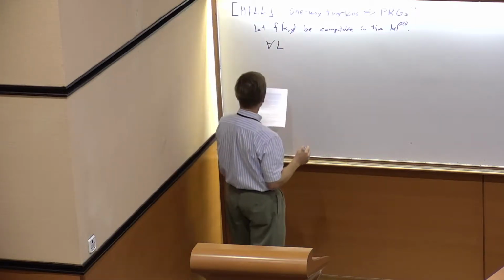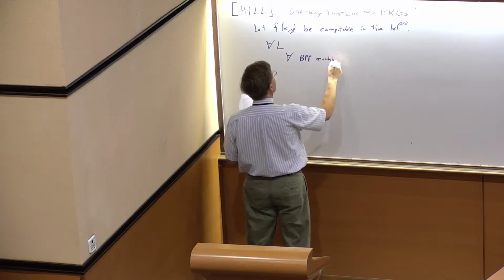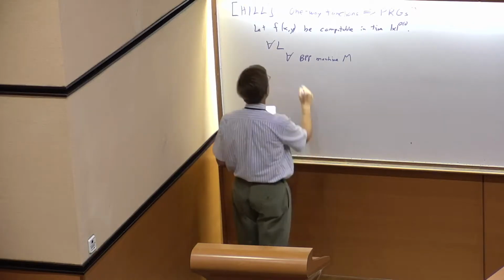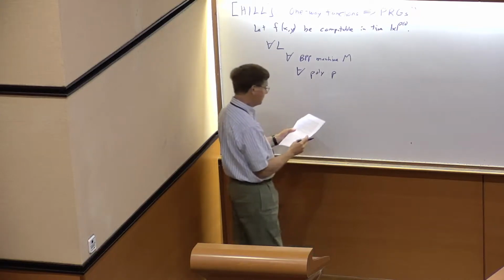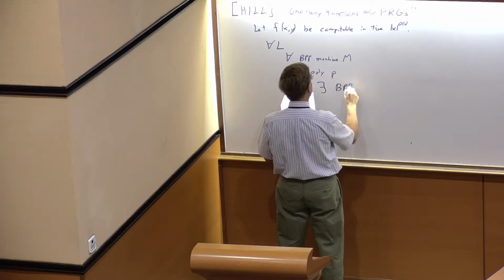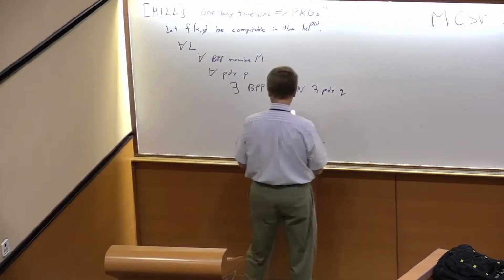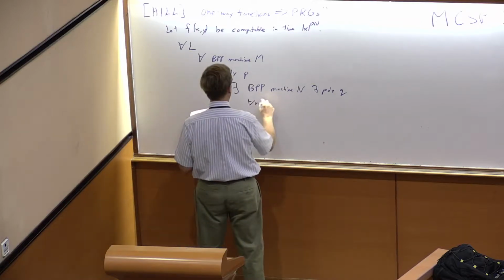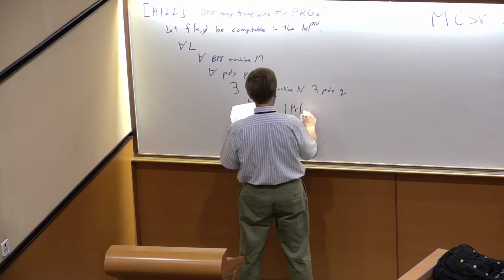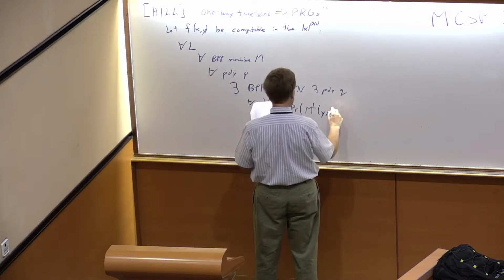For absolutely any language L, for absolutely any BPP machine M, a probabilistic polynomial time machine M, for every L, for every M, for every polynomial P, there exists a BPP machine N, and there exists a polynomial Q such that for all n, for all y, if the probability that M, with oracle L and input y and R equals 1.